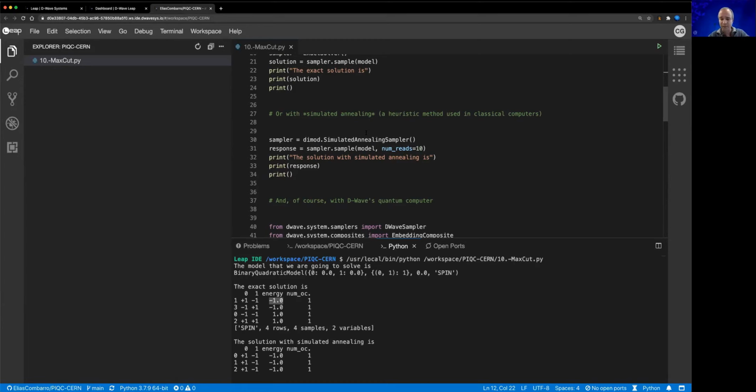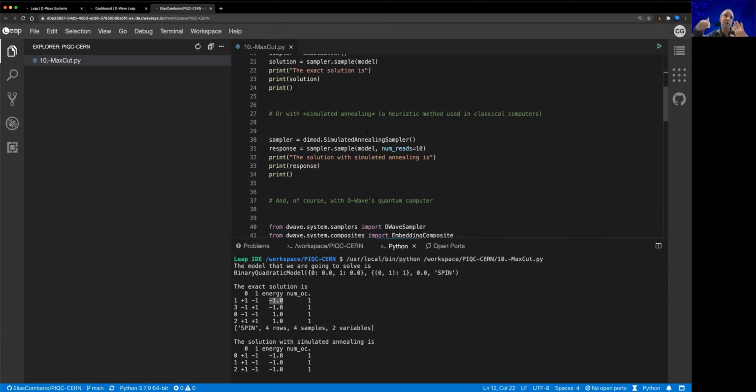So this simulated annealing, maybe some of you have used this heuristic optimization method in the past, is a classical algorithm in which you start with a random solution, in this case an assignment of 1s and -1s, and then you randomly select one of the positions, and then you flip the value.